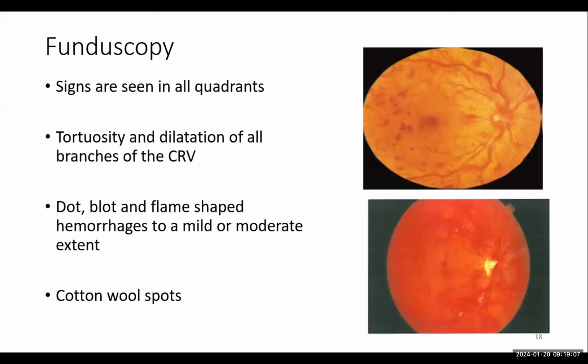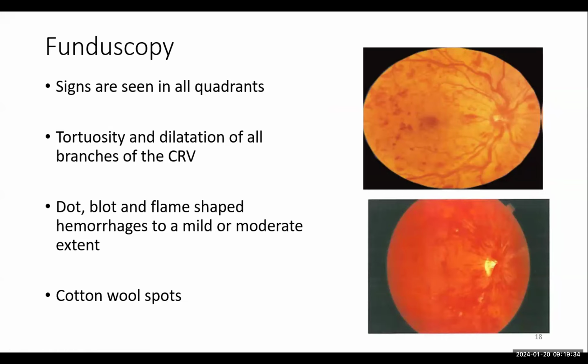On fundoscopy, you usually see signs in all quadrants in central retinal vein occlusion. You see tortuosity and dilation of the branches of the central retinal vein. This is what we call the battlefield appearance, like you splashed blood on the retina.